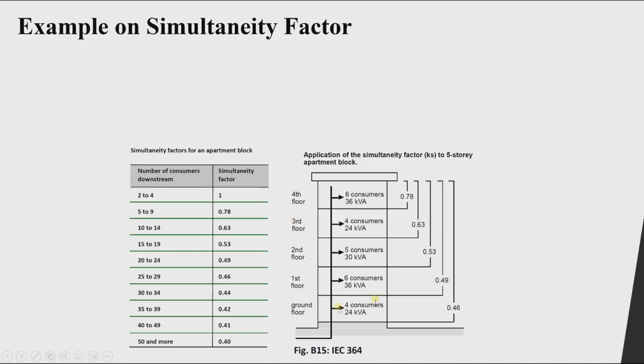So we have these floors: ground floor, floor 1, 2, 3, and 4. We have here 6 consumers, then 4 consumers, 5, 6, 4. Now, if you say that you have a building with only 6 consumers, then what factor are you going to apply? Between 5 and 9, use this one. So if you have only 6, use 0.78.